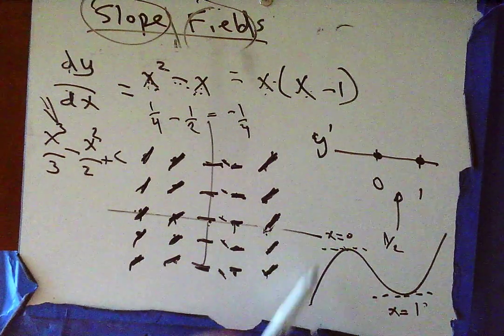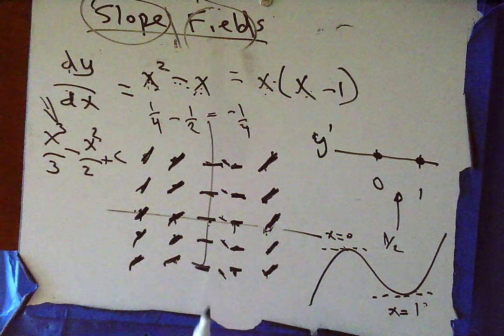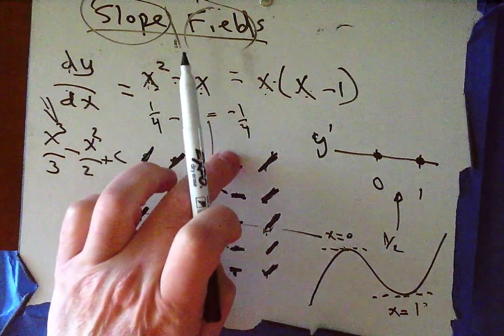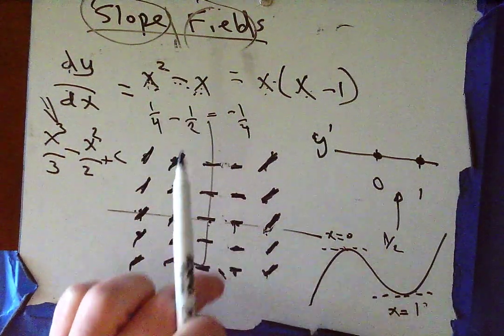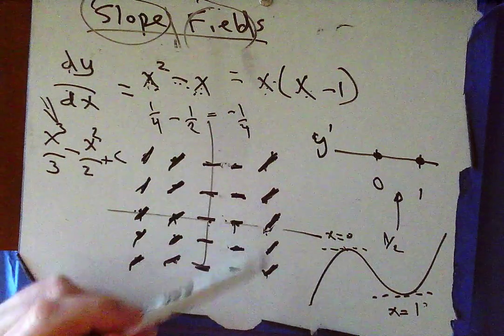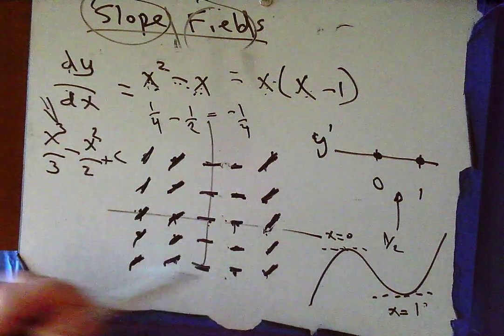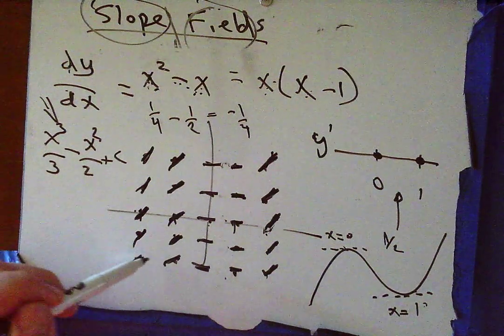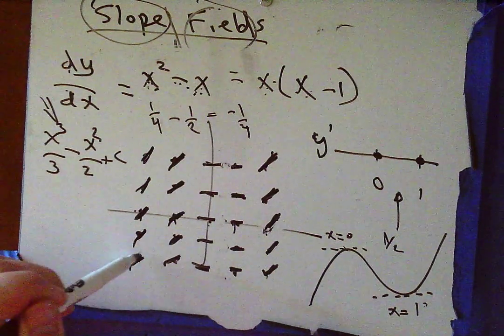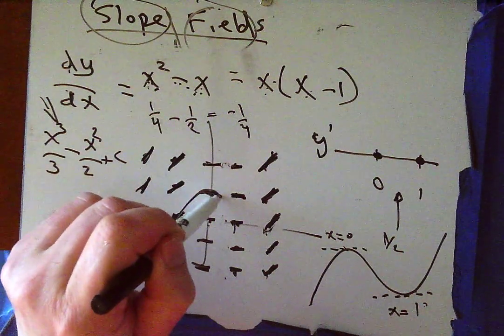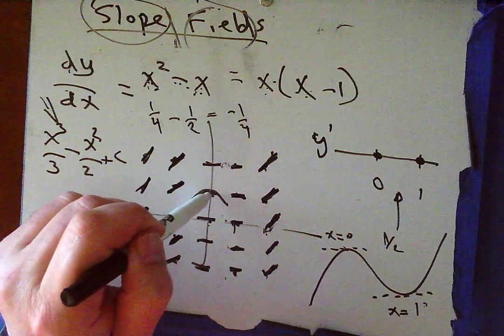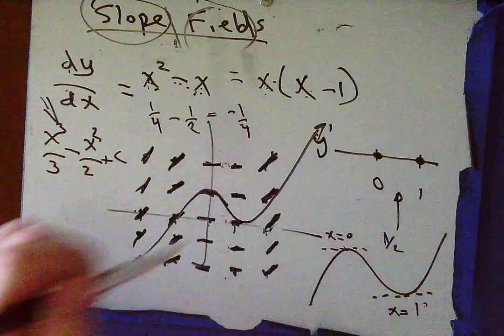So this is the kind of thing that I'm supposed to be seeing in this picture. But because I wanted a fairly small slope field, and it still felt big, I may not be able to see that.